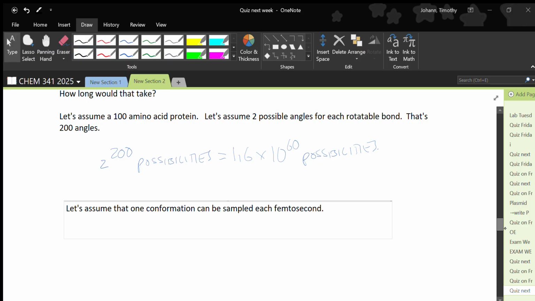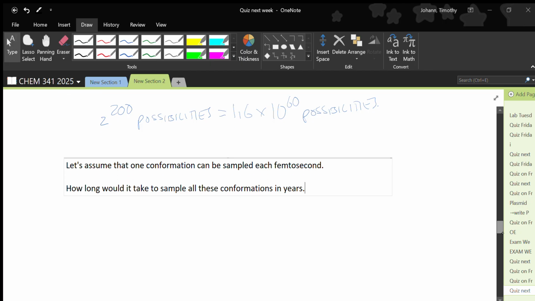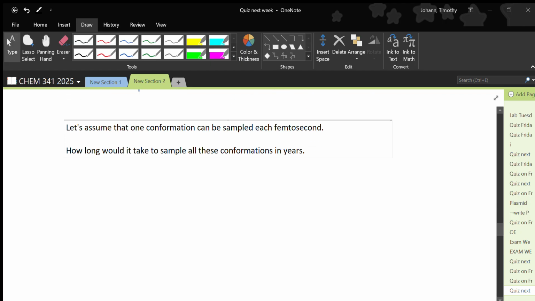So how long would it take to sample all these conformations, in years? All right, so we had 1.6 times 10 to the 60 conformations. And we're going to do one conformation in 1 femtosecond.